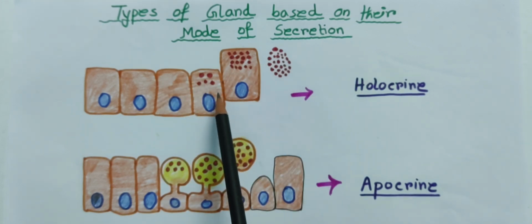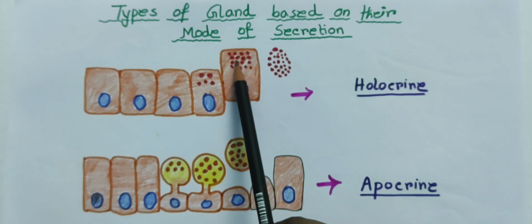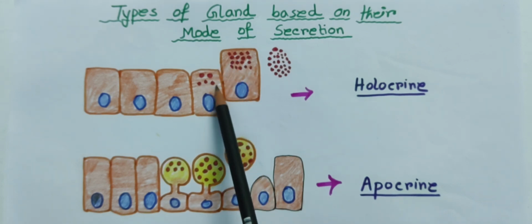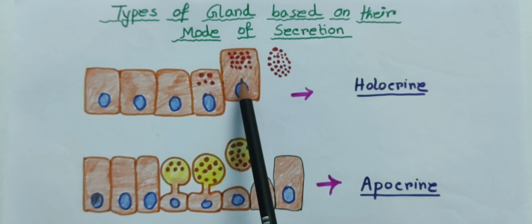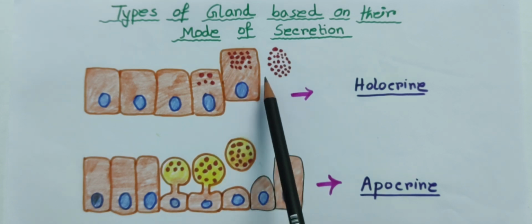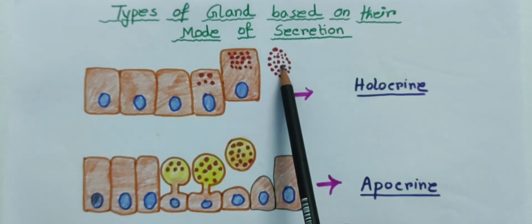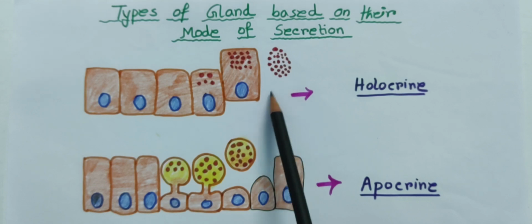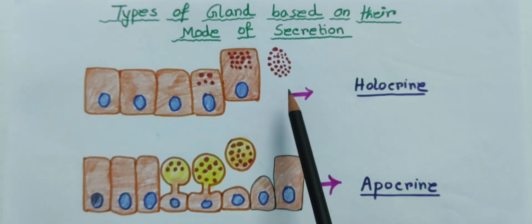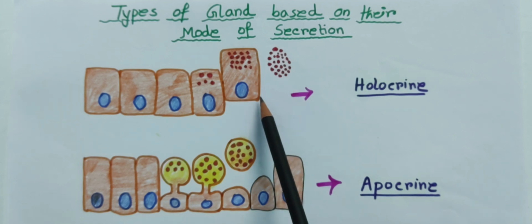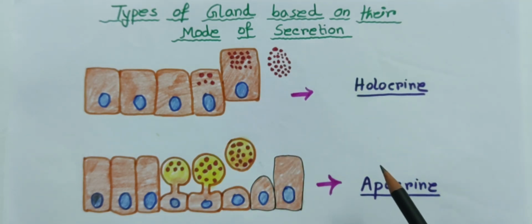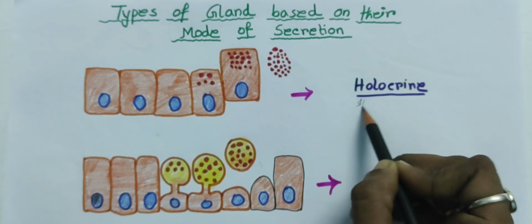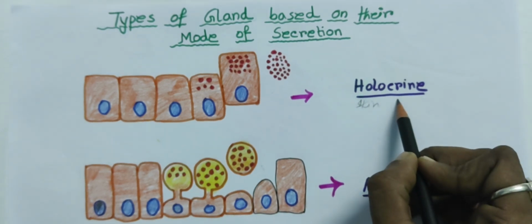In the holocrine gland, the cell accumulates its secretory product inside it, and then the cell ruptures to release the product. The ruptured cells are replaced in the epithelial tissue by cell division. The examples of holocrine gland we find in skin and eyelid.